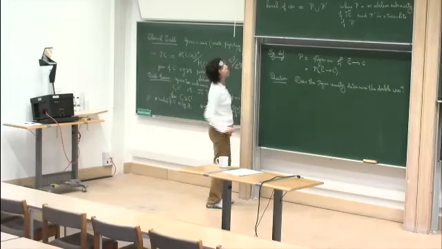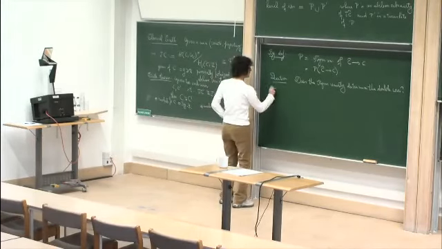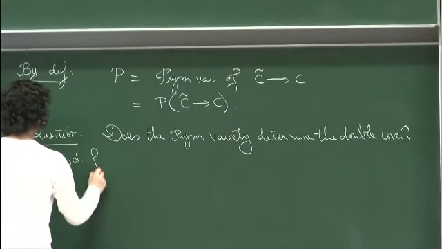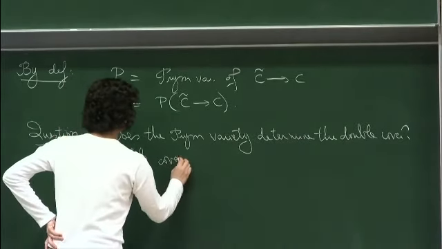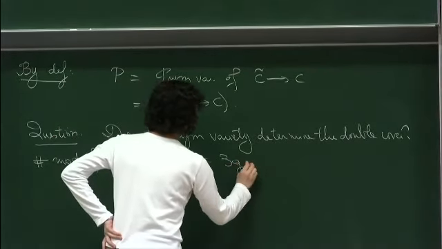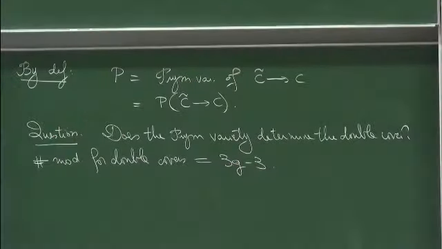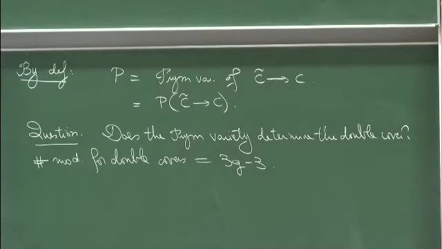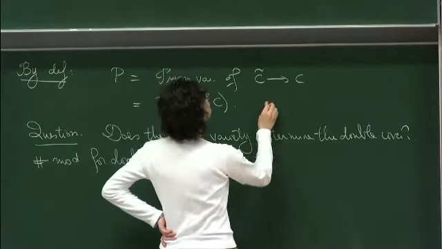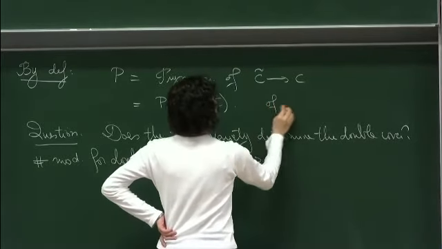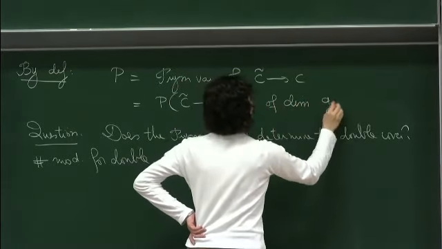But here there actually is one. Here again, the number of moduli for the double covers is again 3g minus 3. It's the same as the number of moduli for the base curve, right? And the Prym variety is an abelian variety of dimension g minus 1.